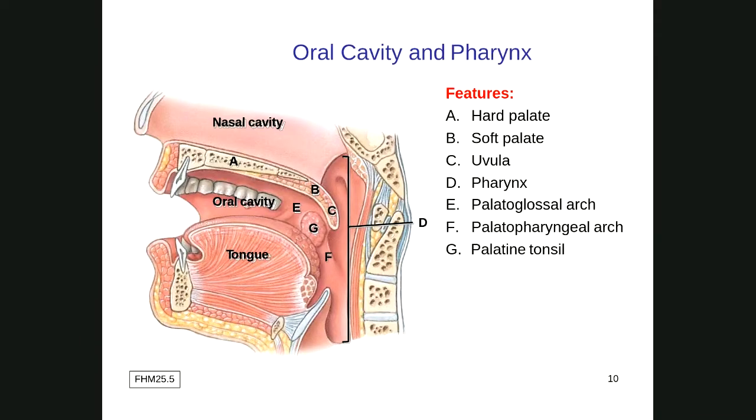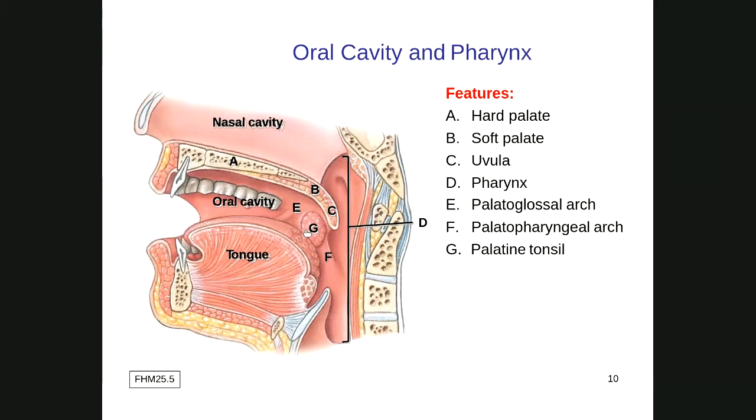So back into the same part, these are the same things. The hard palate, as you can see, which is the floor of the nasal cavity that we have described before, and then the soft palate and the uvula in the last lower part of the soft palate, and then you can see the two folds, E and F, the palatoglossal arch and the palatopharyngeal arch, and the fold in between where the palatine tonsil exists.